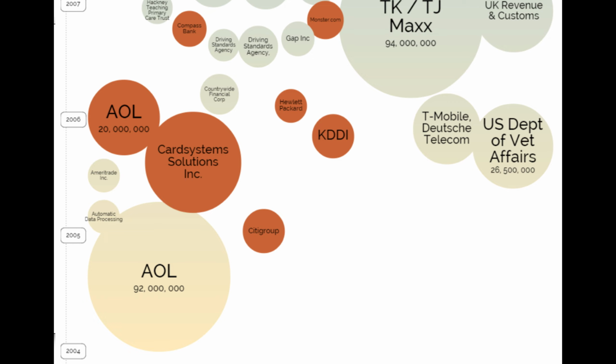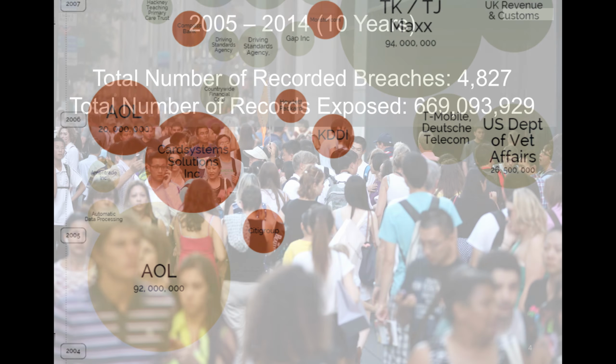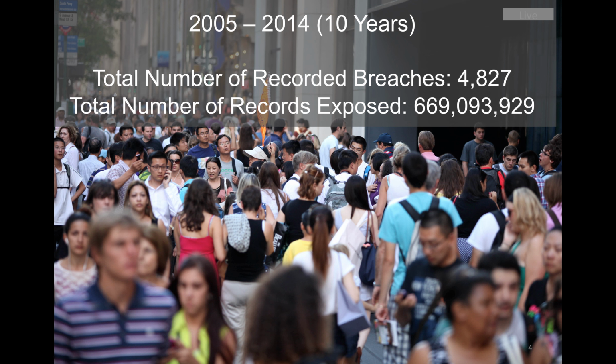And really what that's doing is setting the tone for you to understand what the atmosphere is out there now. And the fact that data breaches are becoming much, much, much more common. And it's becoming a real risk for companies of all shapes and sizes, not just the largest companies, not just the AOLs and the TJ Maxxes. So from 2005 to 2014, the total number of record breaches was a little under 5,000.